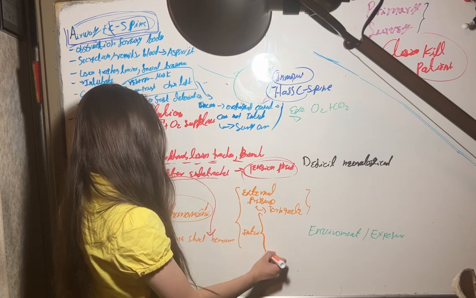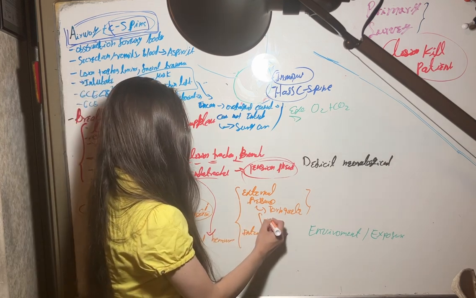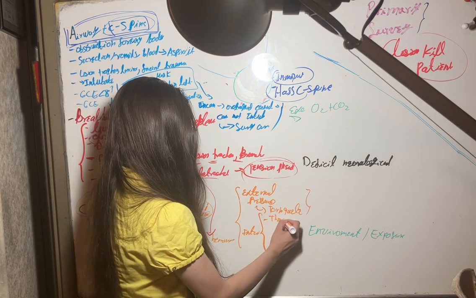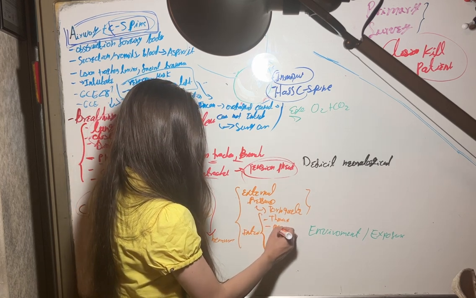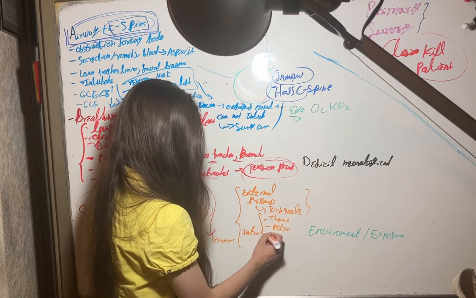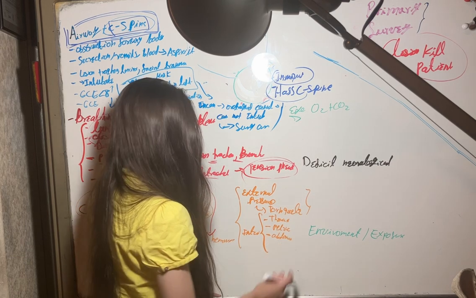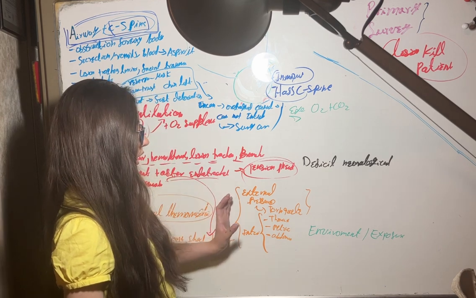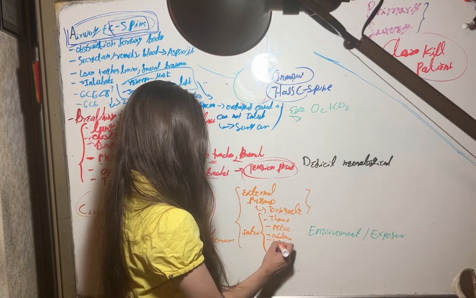Now, talking about internal hemorrhage, we can have accumulation of blood in the thorax, the pelvic cavity, or the abdomen, and in the pelvic cavity we also have the retroperitoneum space.